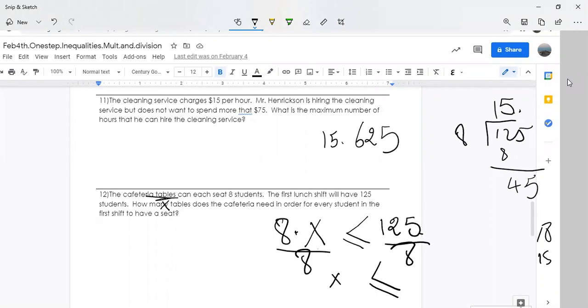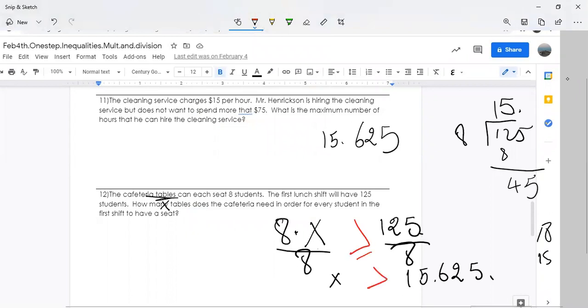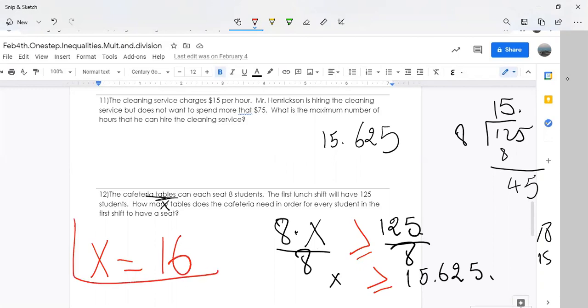Okay, 15.625. But I'm going to change the symbol here. I'm going to put greater than or equal to, because I want to be able to seat all those students. So I need a minimum of 15.625 tables, but you can't have 15.625 tables. So we need at least 16 tables to be able to seat all the students. So the answer for this one is 16, okay? All right, hopefully that helps.